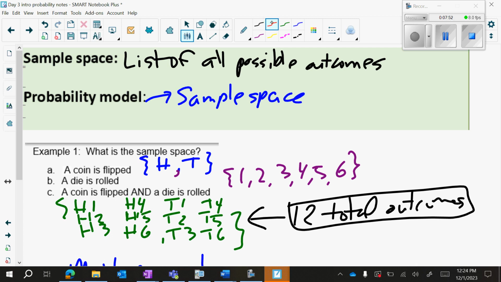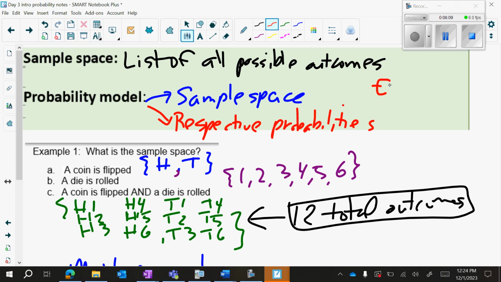And then the second part is going to be the respective probabilities of each of these outcomes, okay? So what do I mean by that? If I'm talking about the coin flip, I can write it as a little table. The outcomes are heads and tails, and then the probabilities, P of X, are 1/2 and 1/2.